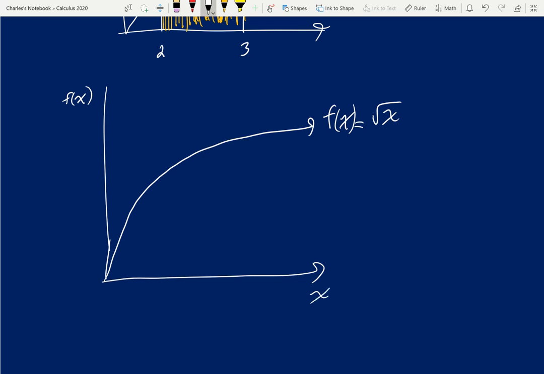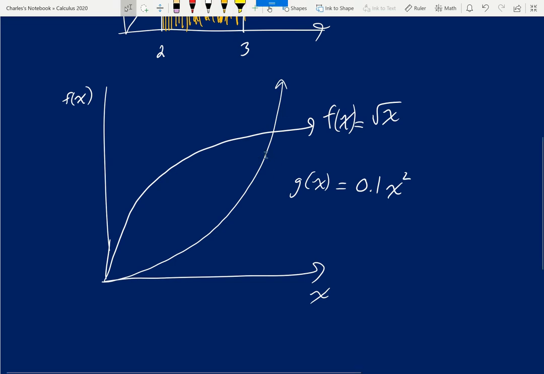And let's say I add another function in there, and I'm going to call this g(x) is equal to 0.1x squared. And let's say I just pick a point, and I say when x is 3.5, I want to know what this height is.